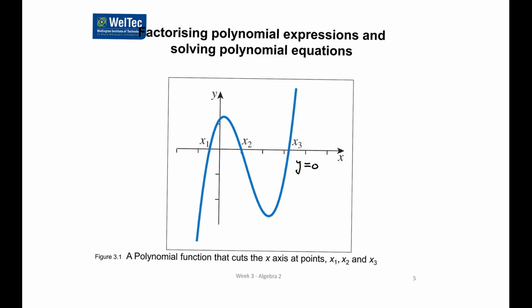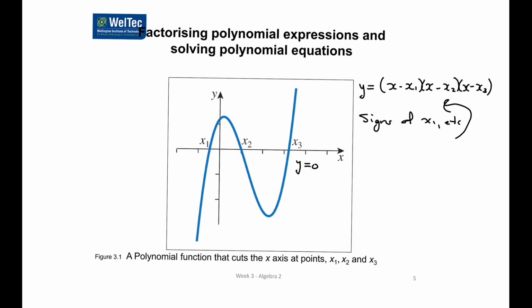So then in this case the cubic would be y is equal to x minus x1 times x minus x2 and x minus x3. Now just be careful about the signs. This is the big thing you need to watch out for, the signs of your x1, etc. Because when you put them in here, you just have to be careful.